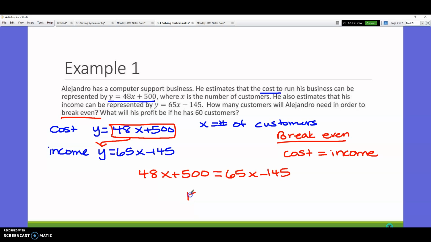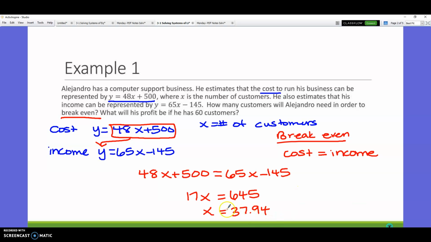So I'll have 17x is equal to 645, and then divide by 17, and we get about 37.94.